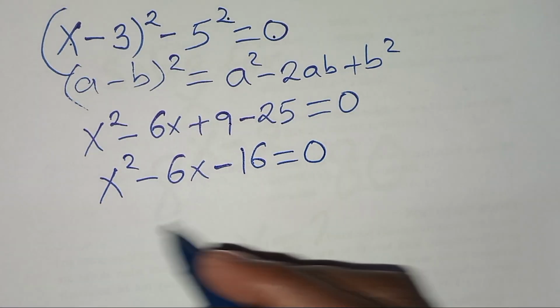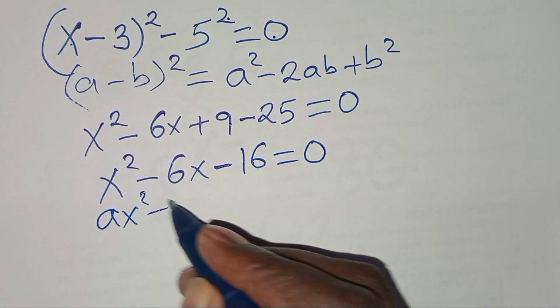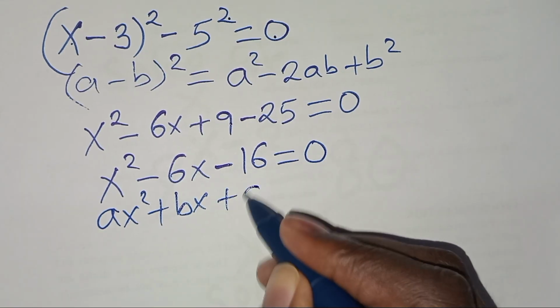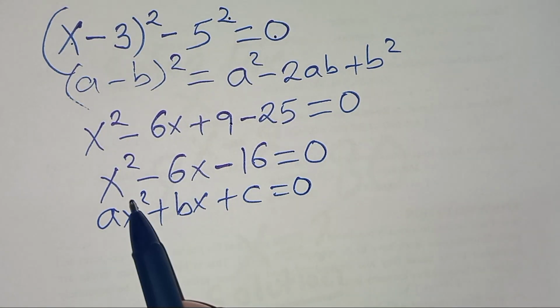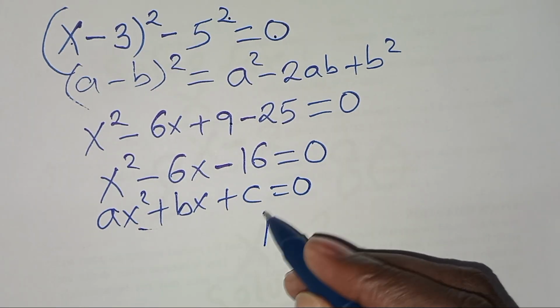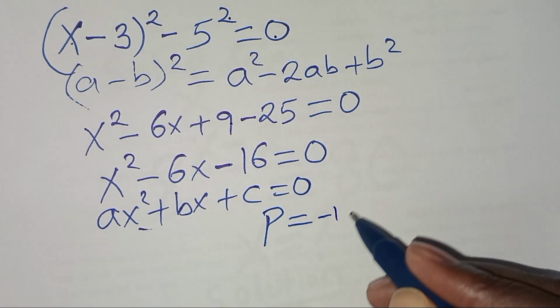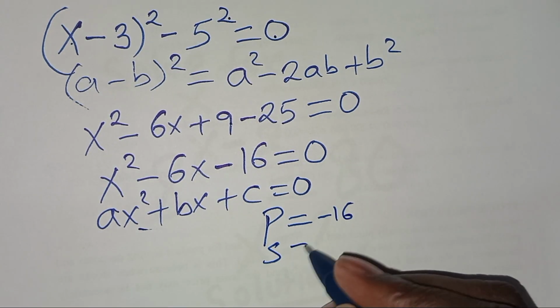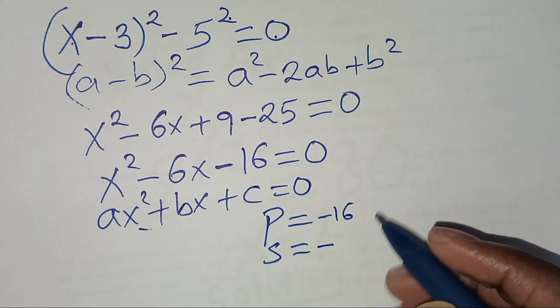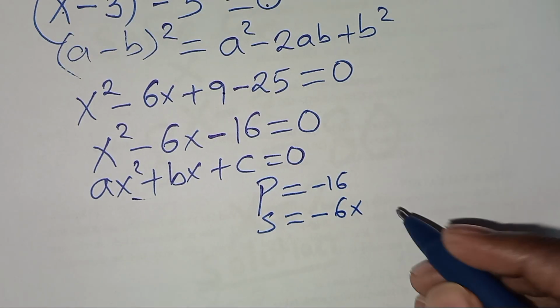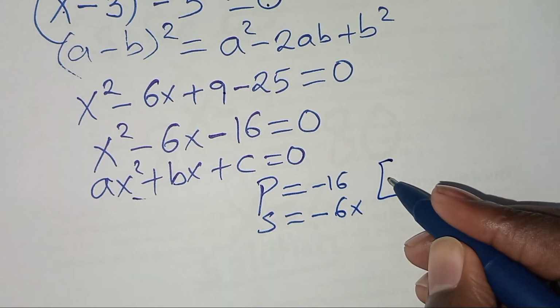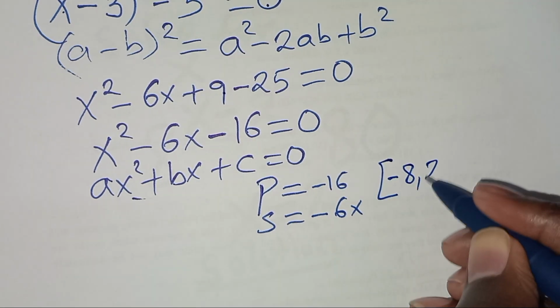Now this is a quadratic equation in the form of ax squared plus bx plus c equal to 0. From what we have here, we can easily get the product, which is negative 16, and the sum, which is supposed to give us negative 6x. These two factors are negative 8 and 2.